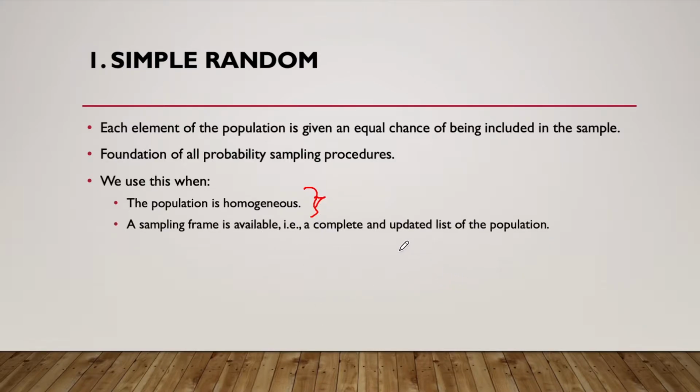What is a sampling frame? It is a complete and updated list of the population. So if the sampling frame is available and the population is homogeneous, you may use simple random sampling.